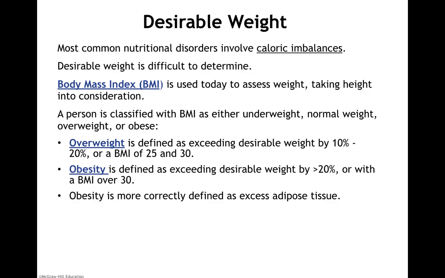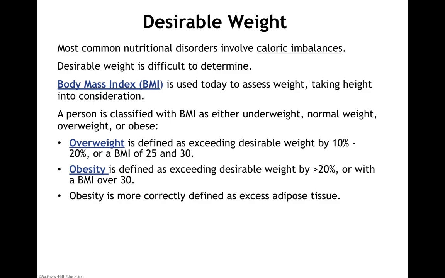It's a very common way to do it, and a person's BMI is either underweight, normal weight, overweight, or obese. If your BMI is exceeding the desirable weight by 10 to 20%, so a BMI of 25 to 30, you're considered overweight. Over 20%, a BMI over 30, would be considered obese.